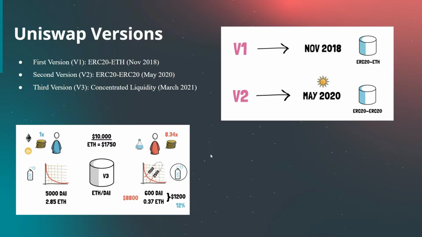But in a scenario where the ETH price goes to zero, Bob will lose all of the money, like 10,000 of his capital, which he provided to that pool between the curve. But Alice will only lose the amount she provided, which is 1,200.